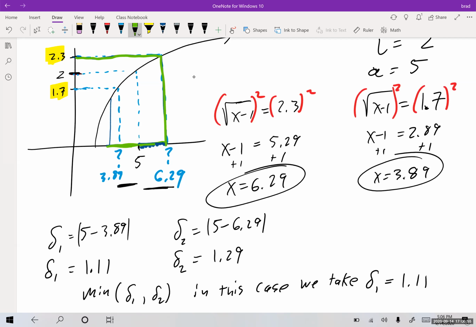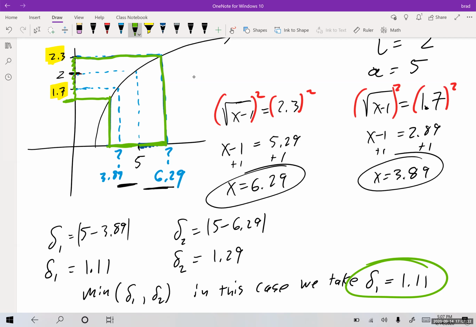It'll be about the same distance. So notice I will not be within 0.3. This one will be fine. I'll be within 0.3 of the top one, but I'll be a little bit outside of 1.7. I'll be like at 1.5 or 1.6. So you always choose the minimum delta. In this case, I'm going to choose the smaller delta to be a little bit more cautious and err on the side of caution.